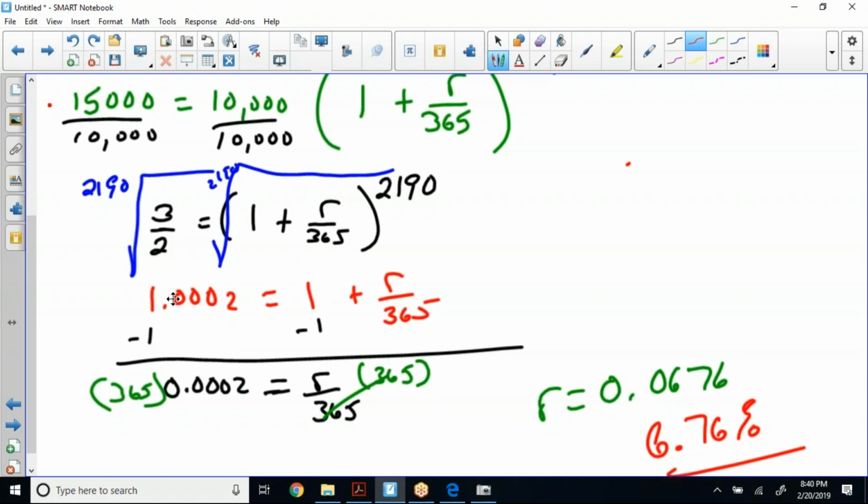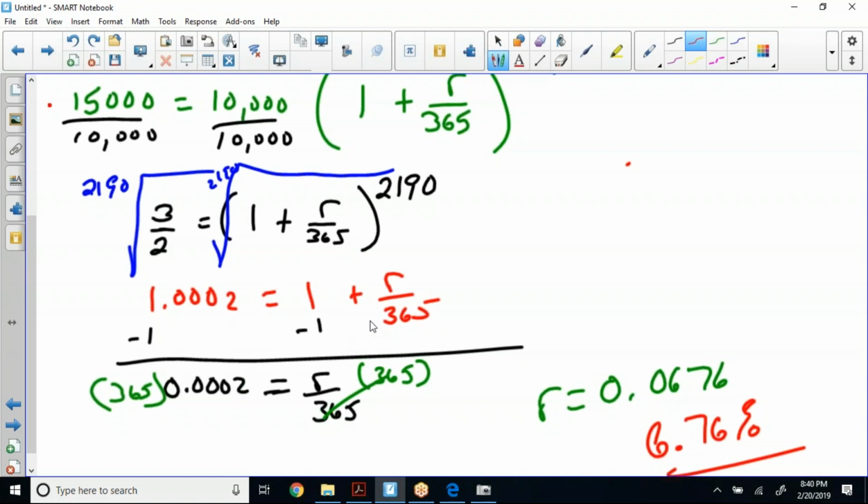So this right here, 1.02, tells me I'm on the right track. It's some crazy math, but I did it right. And then I minus 1, which gave me 0.002, times both sides by 365, because to get rid of R being divided by 365, multiply both sides by 365.